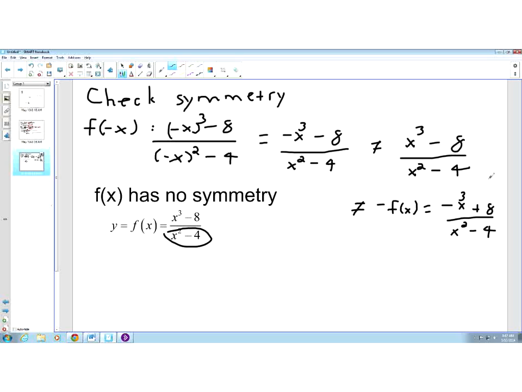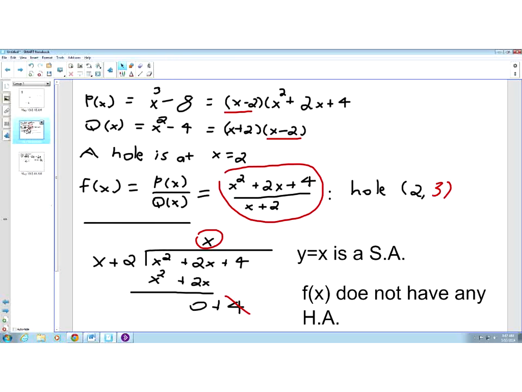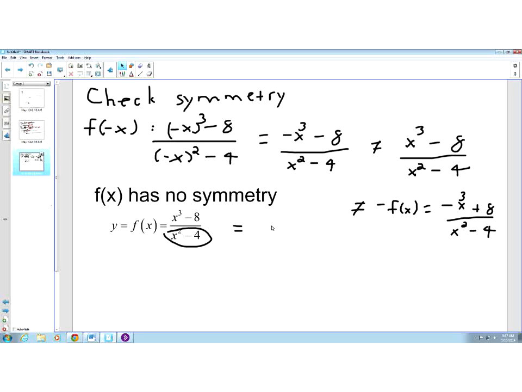So after cancellation, we're left with x squared plus 2x plus 4 divided by x plus 2.